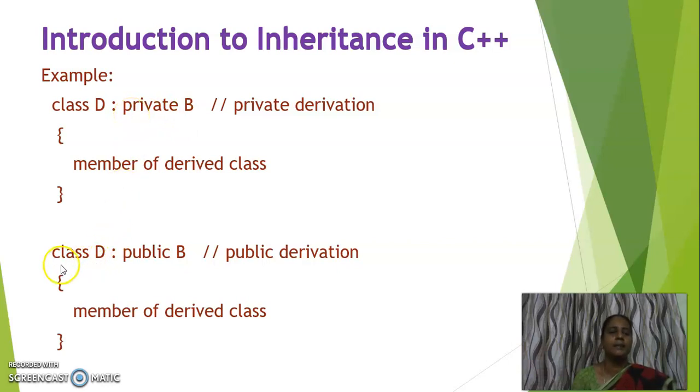And in this example, class D colon public B, D is the derived class and B is the base class. This derived class D inherits the properties of base class B in public mode. And this is the member of the derived class. So this is a simple example of using inheritance.